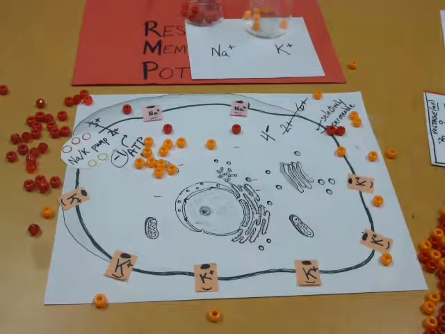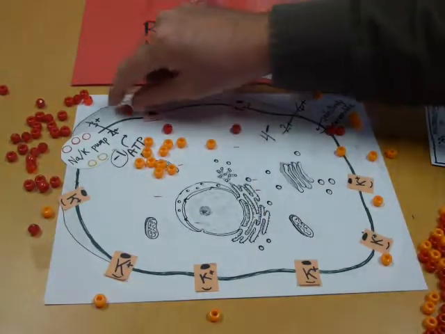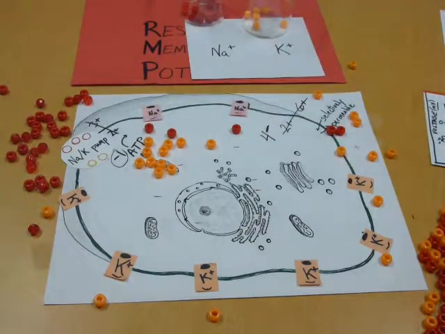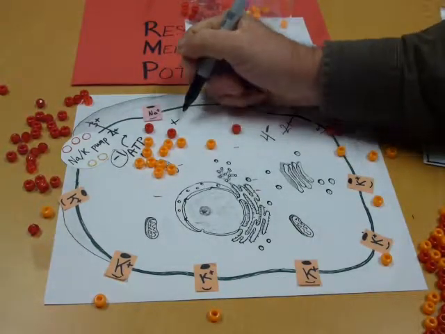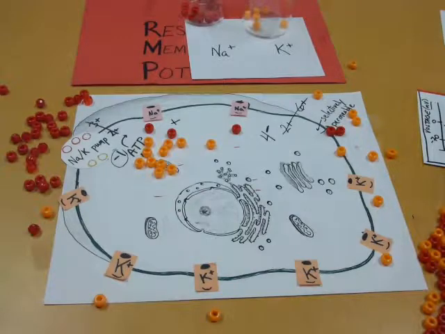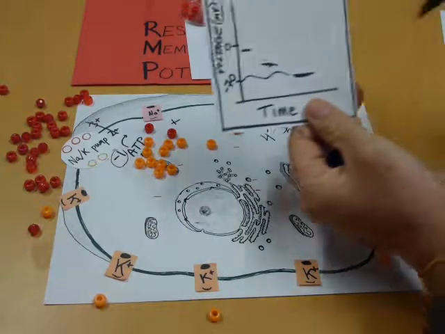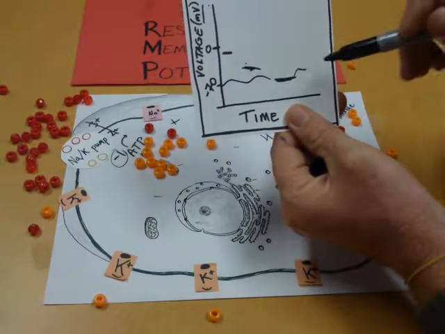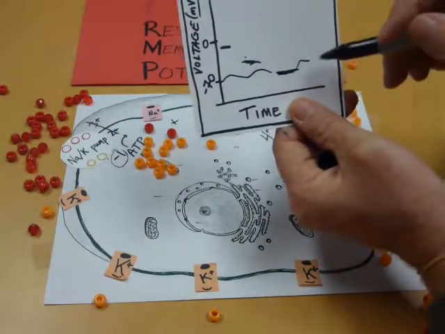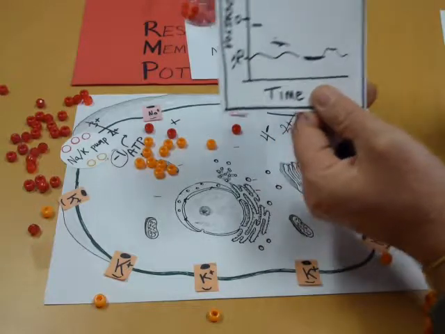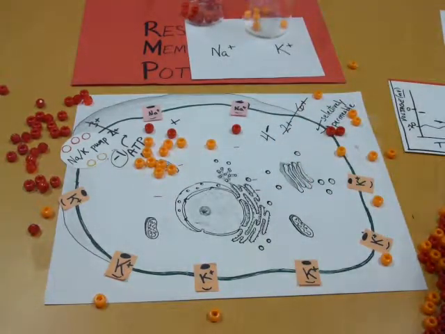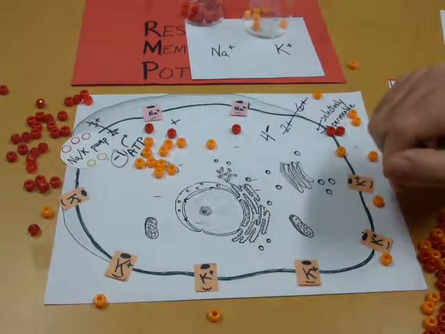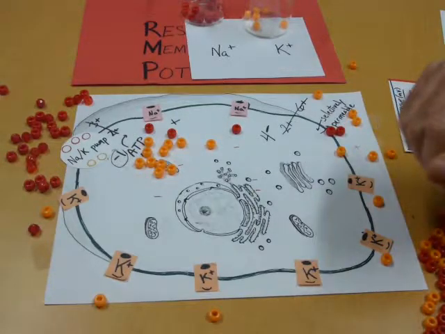And there's going to be some play when sodium comes in. Now you're adding more positive charges to the inside, and so on the membrane potential you're going to go up a little bit toward the positive, but then the sodium-potassium pump will operate and it'll go back down. So there are some ups and downs, but the point is the cell now has potential energy, and it can use that to do work.